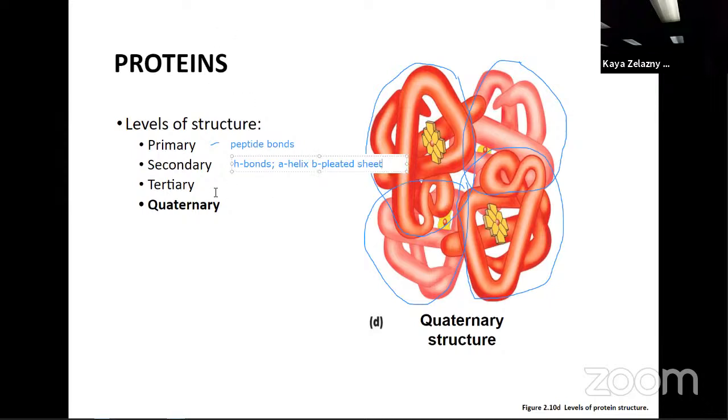Our tertiary structure crumples. Our bond here that we're interested in is those R groups. And our quaternary structure, this last one, is based on those subunits being attracted to each other.